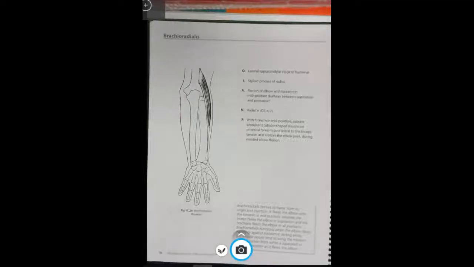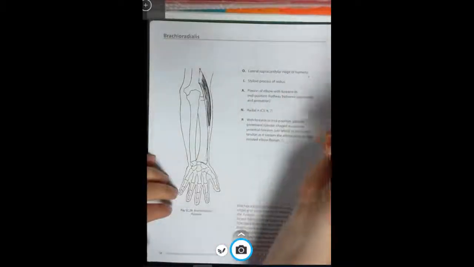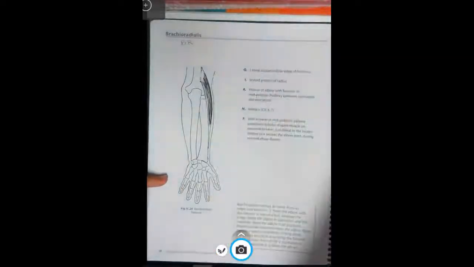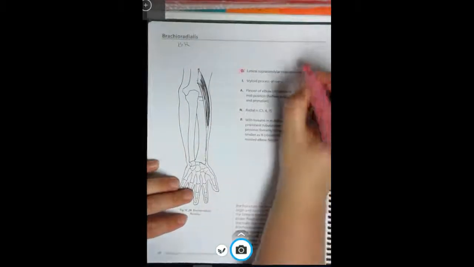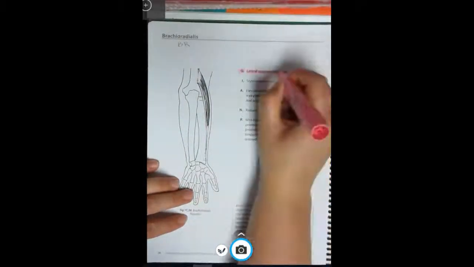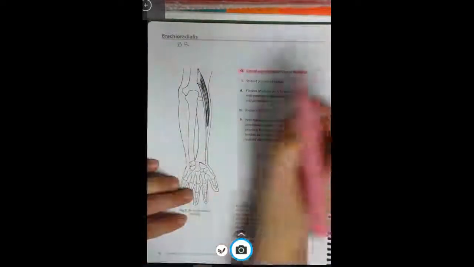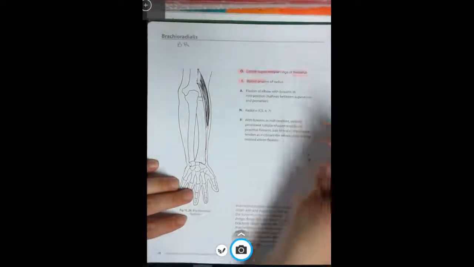Okay, your brachioradialis. This is an elbow forearm muscle. Sometimes you will see me do BR for brachioradialis. We're going to originate from the lateral supracondylar ridge of the humerus. Humerus will be your main word there. And then the styloid process.